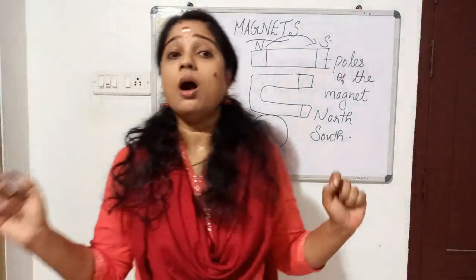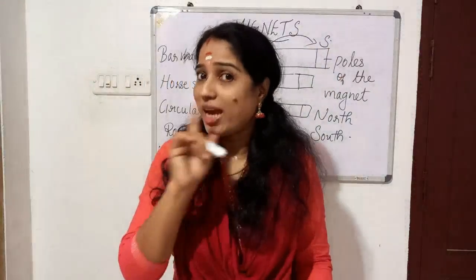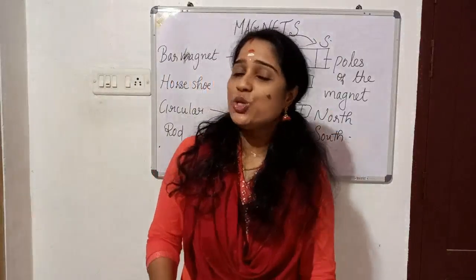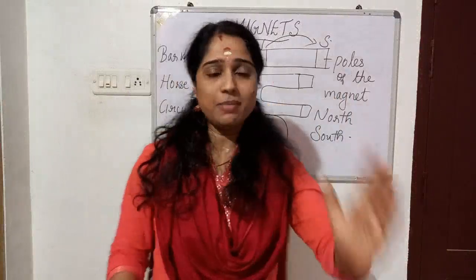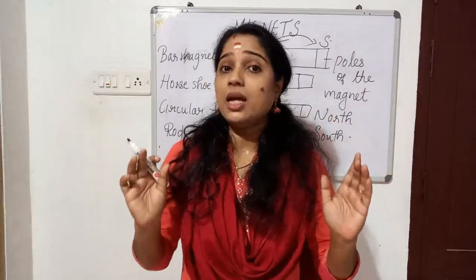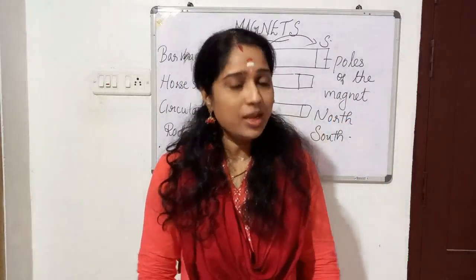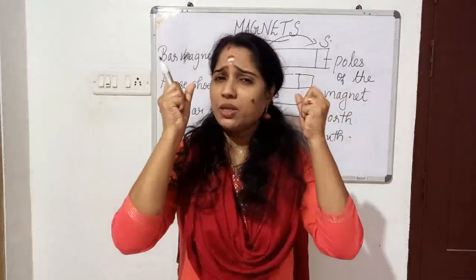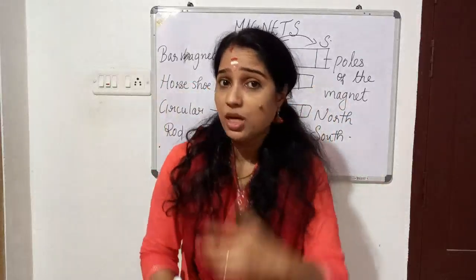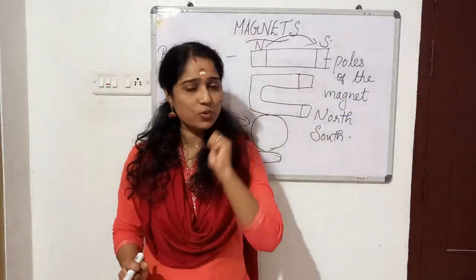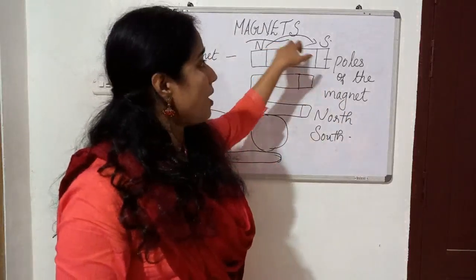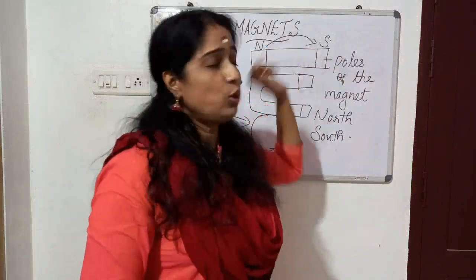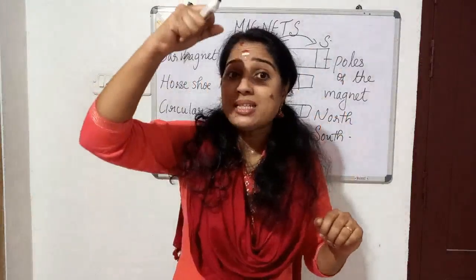Magnetic power always travels from where to where? North pole to south pole. Clear? So these are the two sides of a magnet, the north pole and the south pole, and these two poles have the most attractive power to attract the objects towards them. Clear? Yes. So one side is the north pole and another side is the south pole. When we suspend means what?